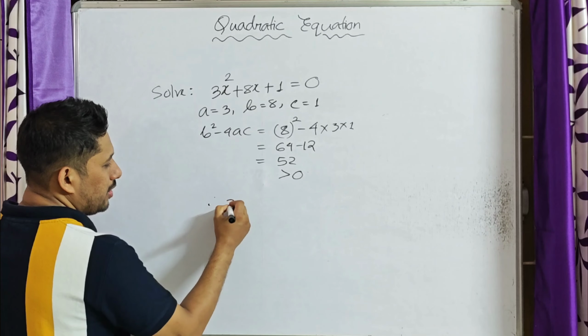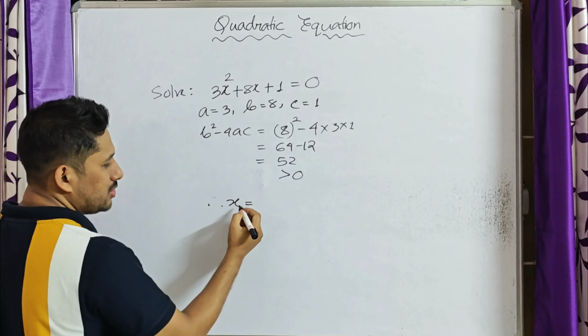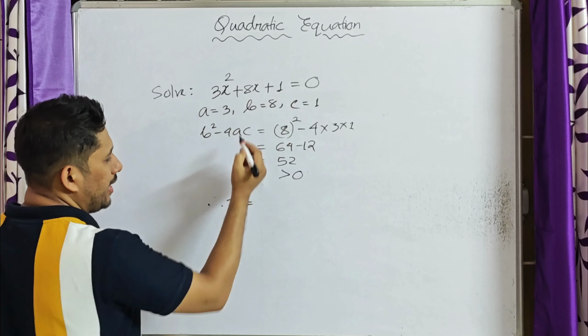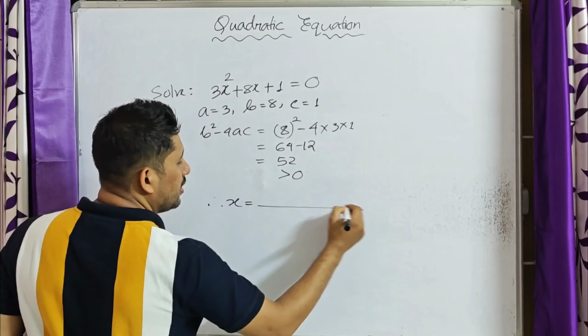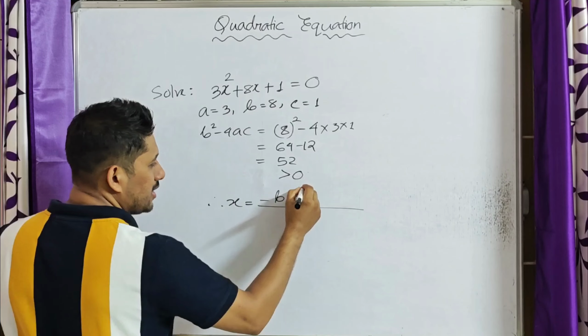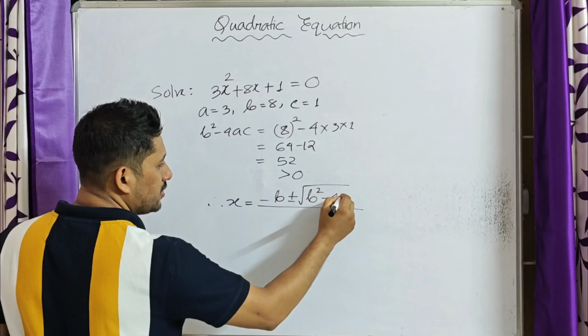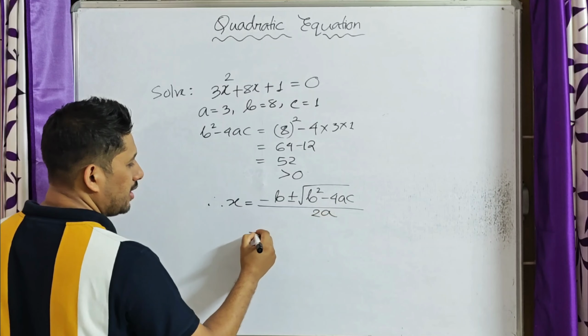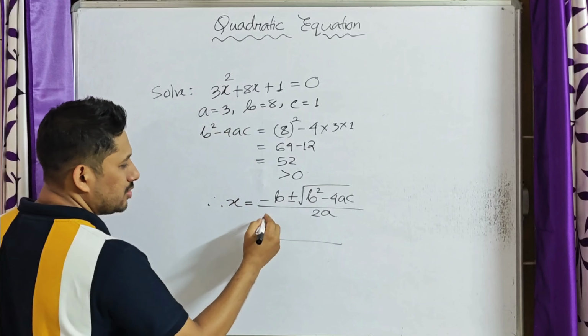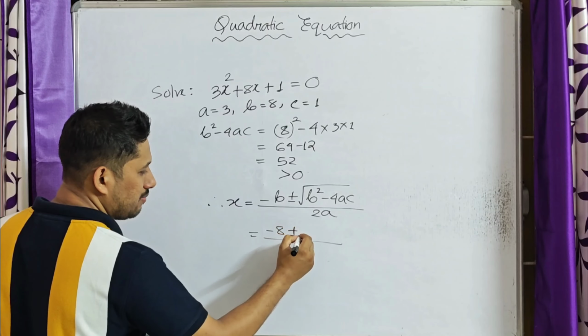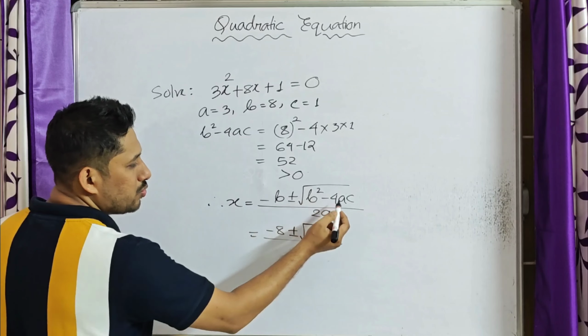So therefore x equals, because the variable is x, so I have written x. If the variable is y, I would have written y. So it is minus b plus minus square root of b square minus 4ac, divided by 2a. Here b is 8, so it will be minus 8 plus minus square root of b square minus 4ac.